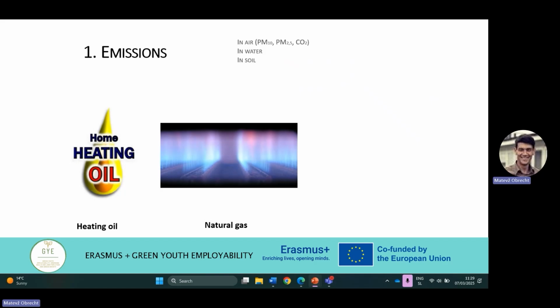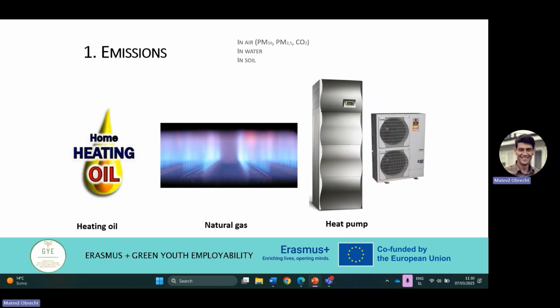If we are a little bit more ambitious and we don't want fossil fuels, we want to get rid of fossil fuels, for example if we are eligible for the European Union taxonomy, or we have a strategy to be a net zero carbon company, we can go, for example, to heat pumps. If we replace natural gas with a heat pump, we can do much more. We can even decrease the emissions by almost 2.5 tons of CO2.